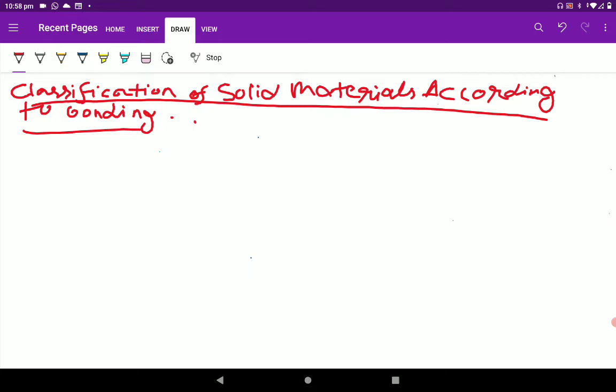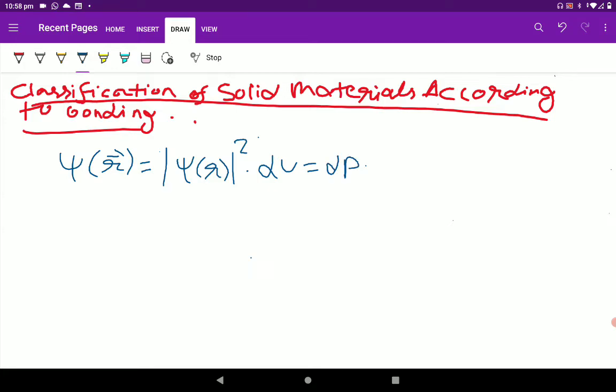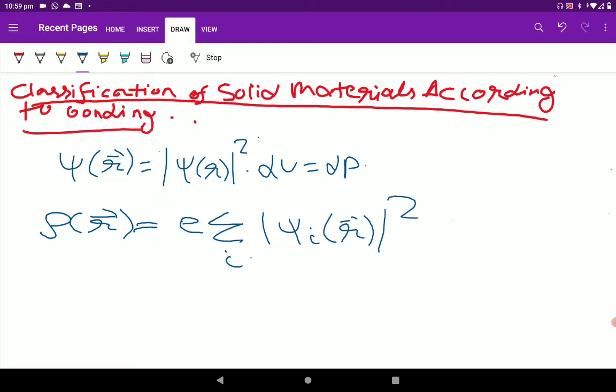We know that the probability of finding the electron in the respective volume is given by this equation, that is psi of r equal to mod of psi of r squared dV. This is the probability of finding the electron in the respective volume. And we can find the charge density by this equation, that is rho of position vector r is equal to the charge multiplied by the summation over i of mod of phi i of r squared.